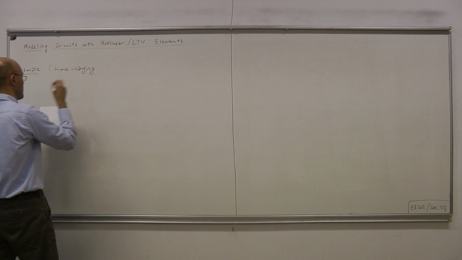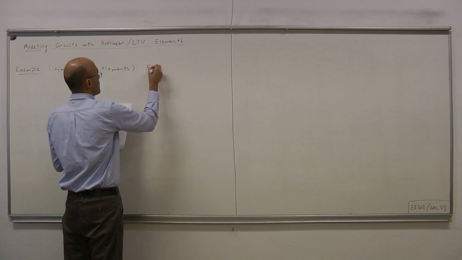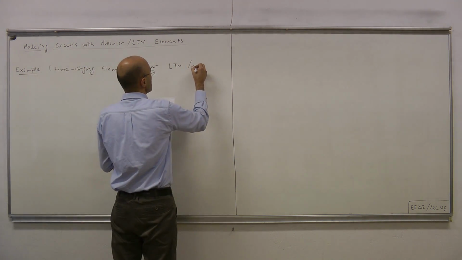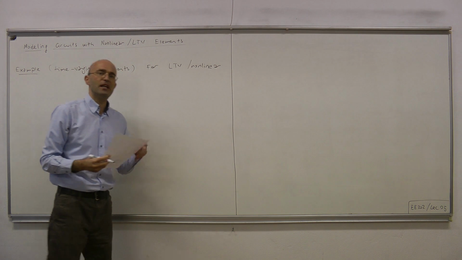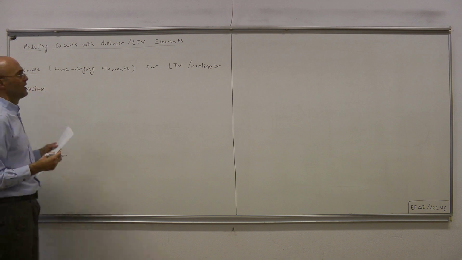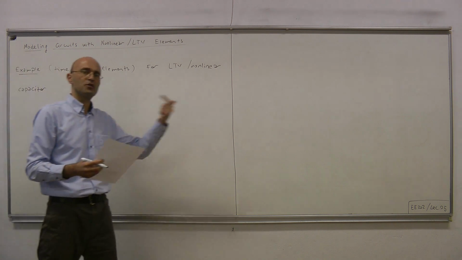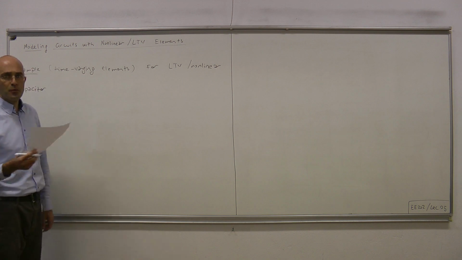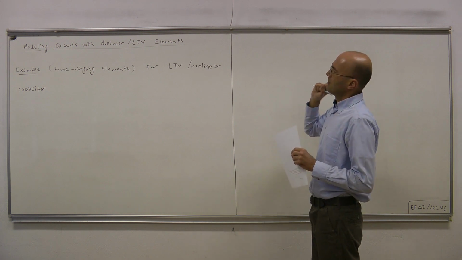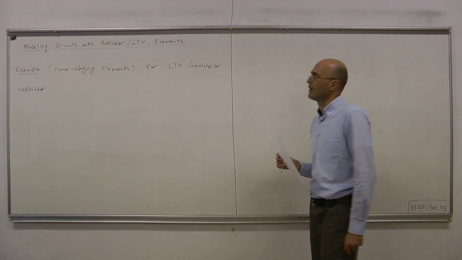For linear time varying or nonlinear dynamic elements, meaning capacitors or inductors, it turns out that it's easier to work with, instead of voltage and current, capacitor voltage and inductor current, as we usually do for the LTI case, the charge for the capacitor instead of the voltage and flux for the inductor instead of the current.